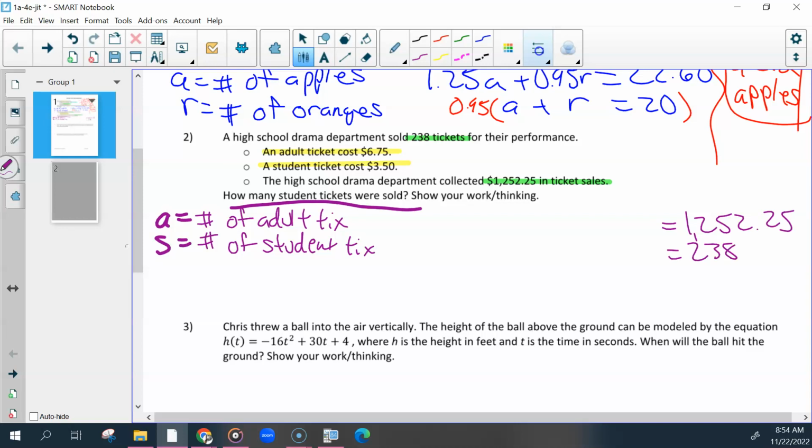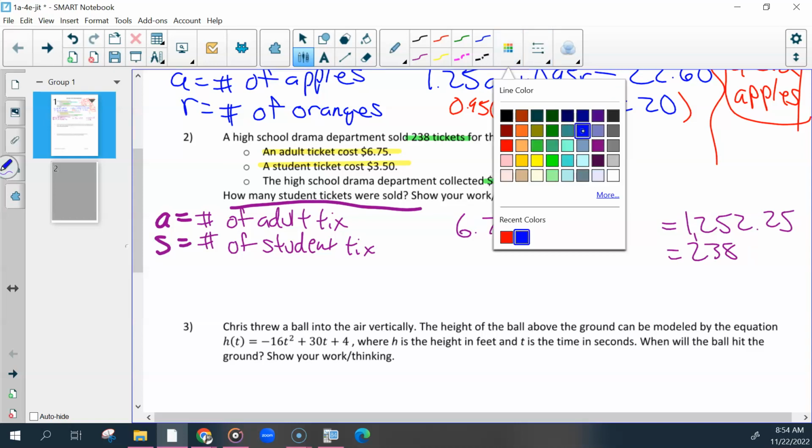Costs need to go with the total sales. So that would be 6.75A plus 3.5S equals that 1252.25.